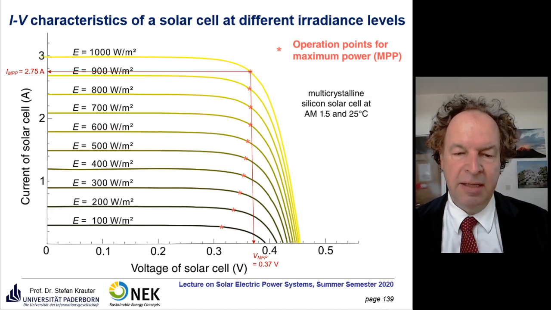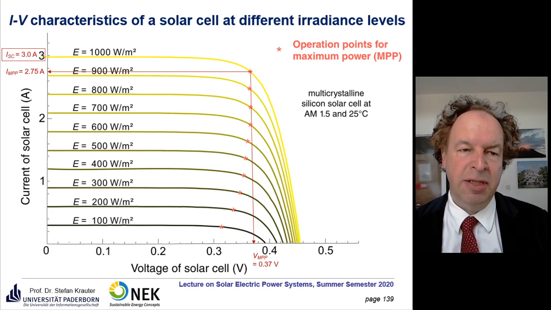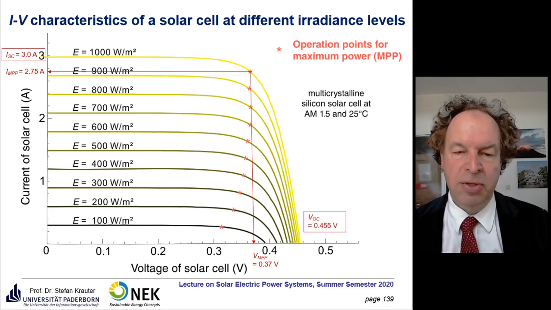We take a look at the open circuit voltage and the short circuit current. The short circuit current is 3.0 amperes, and the open circuit voltage is 0.455 volts.